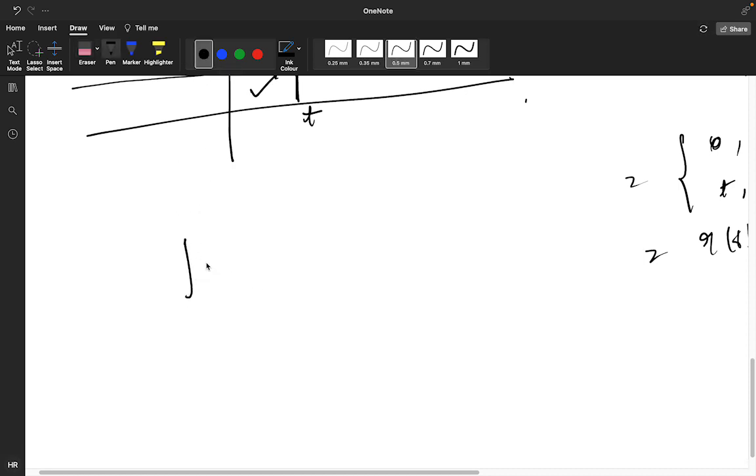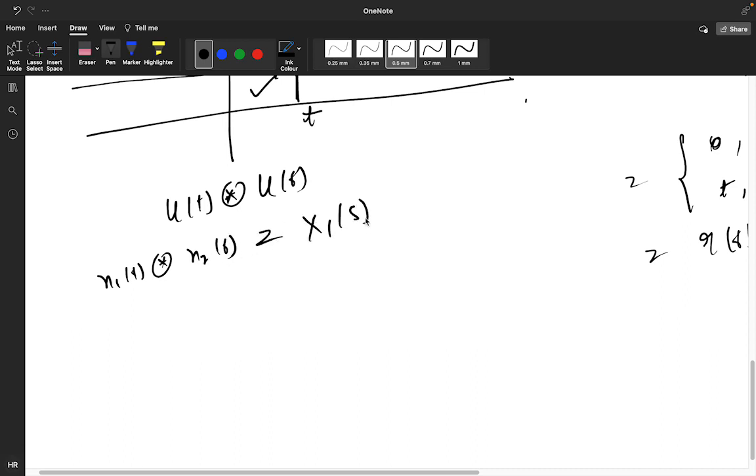You have u of t convoluted with u of t. So x1 of t convolution with x2 of t becomes x1 of s into x2 of s.